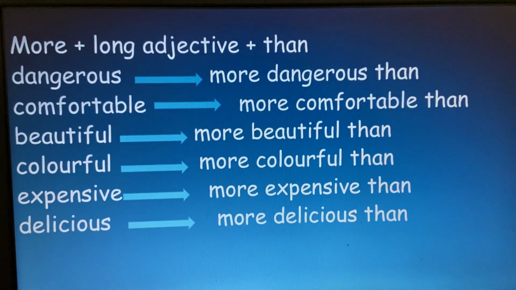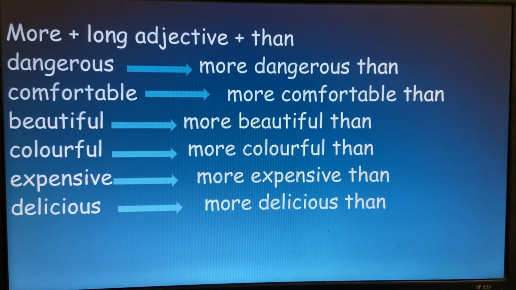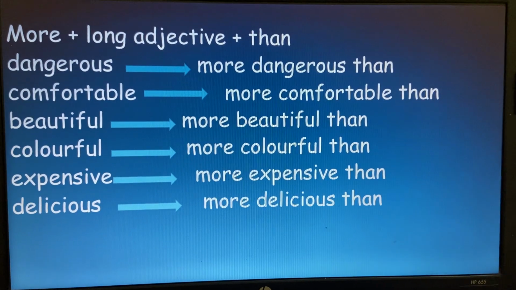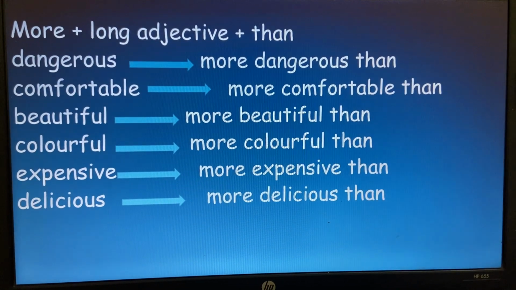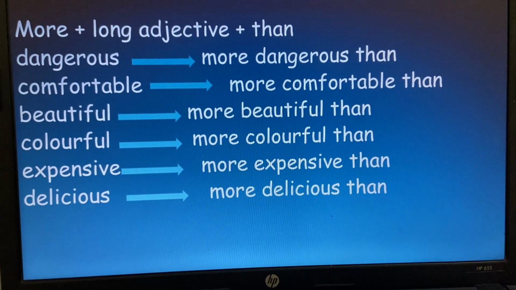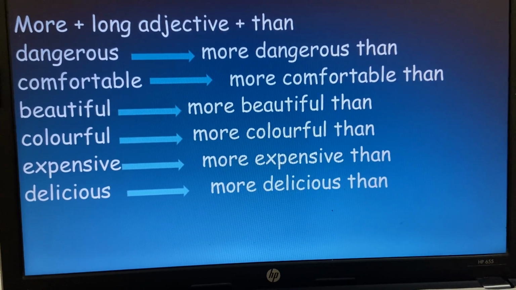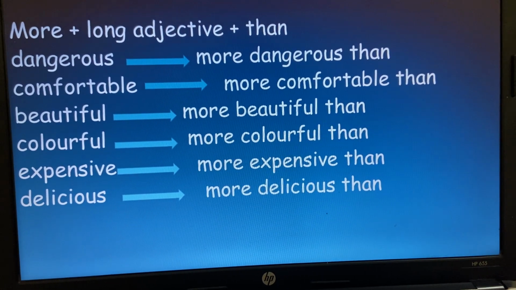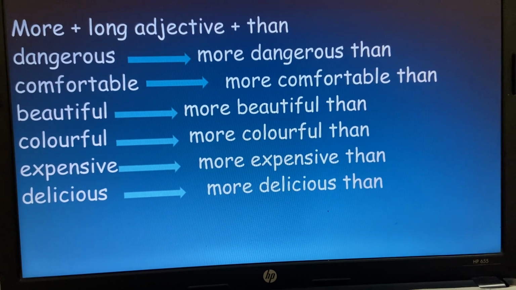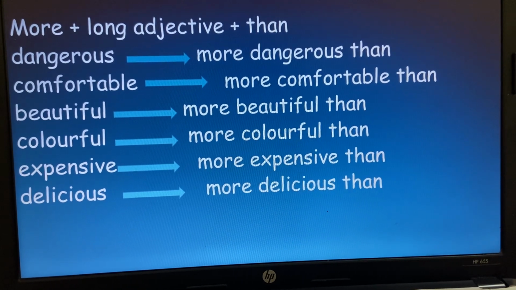This is the form of the long adjective. We don't add ER. We add more plus the long adjective plus than. Let's read these examples one more time. Dangerous, more dangerous than. Comfortable, more comfortable than.